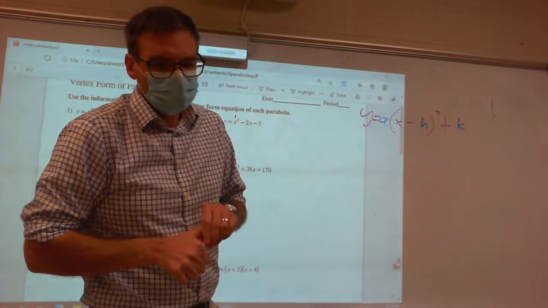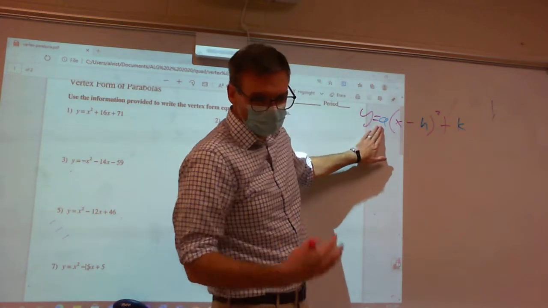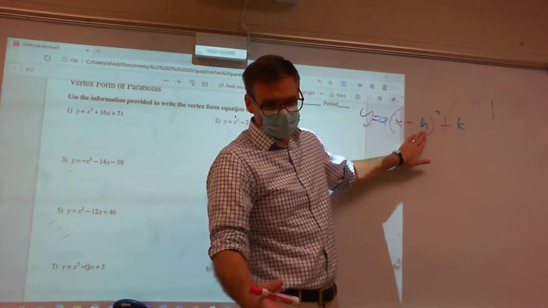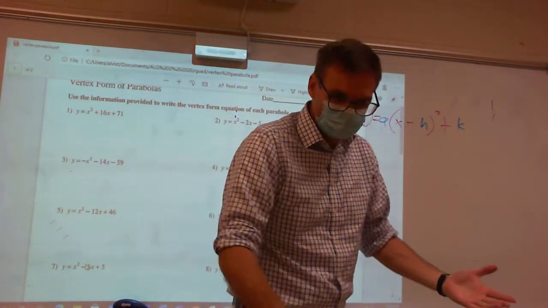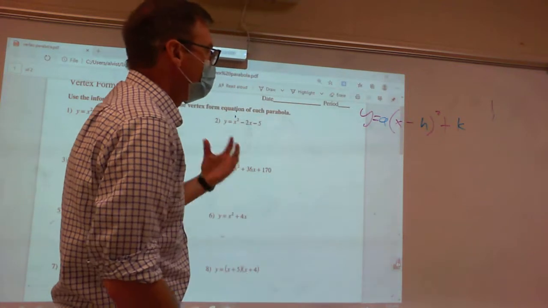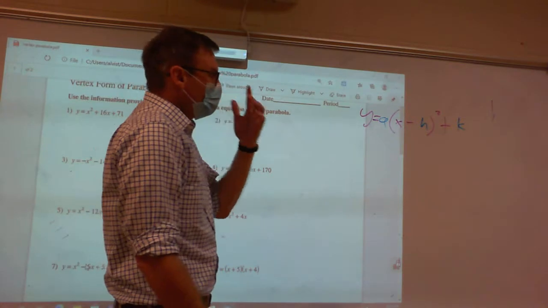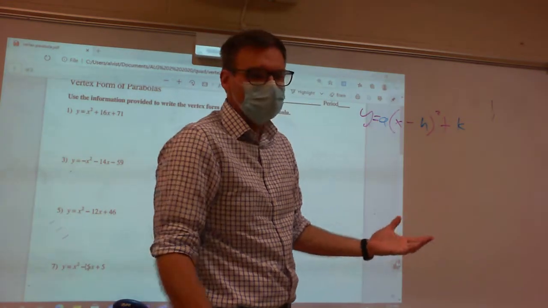So, vertex form of a parabola is y equals some number, I'm going to call that a because every book calls it a, x minus some number h because every book calls it h, plus k, some number k, and every book calls it that. And your job for all of these is to make them look like this. Now, how do you do that?